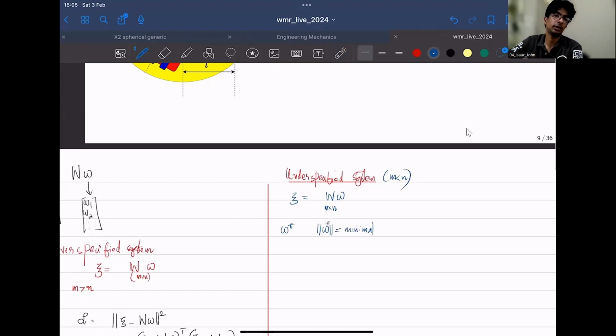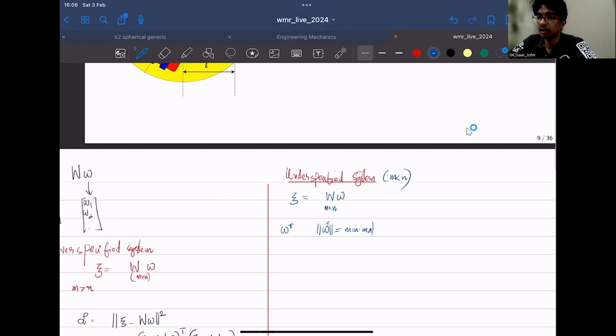You can think of this as a reason because omega could be considered as how much effort you are giving to the actuators. If there are 4 motors, the norm of omega would be omega 1 square plus omega 2 square plus omega 3 square plus omega 4 square, entire thing under a square root. That will be the norm of this vector omega.